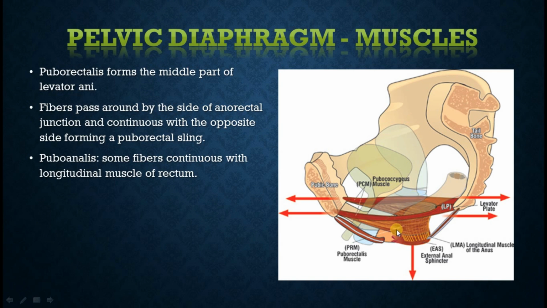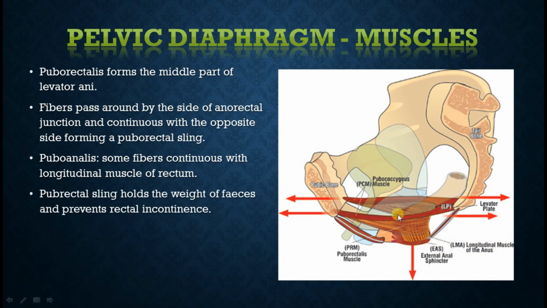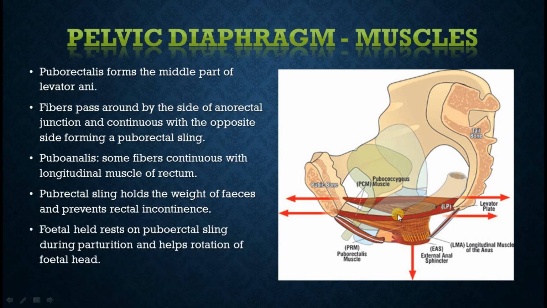Some of the fibers, apart from forming the puborectal sling, are attached to the lateral wall, merging with the longitudinal muscle coat of the rectum, and that is called the puboanalis muscle. So these lower part muscles, puboanalis muscle, merge with the longitudinal muscle of the anus. So as I told you, it holds the weight of the feces, and the fetal head rests on it just during parturition and its rotation.